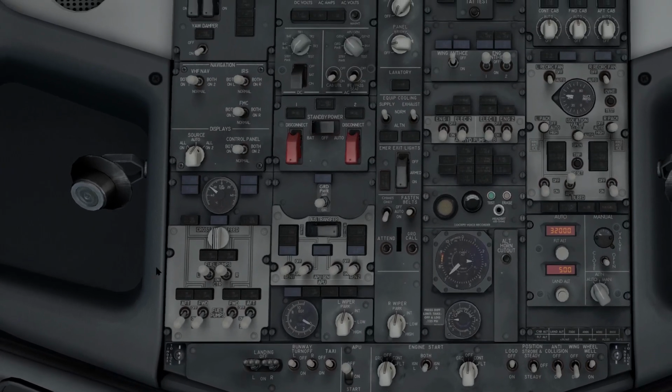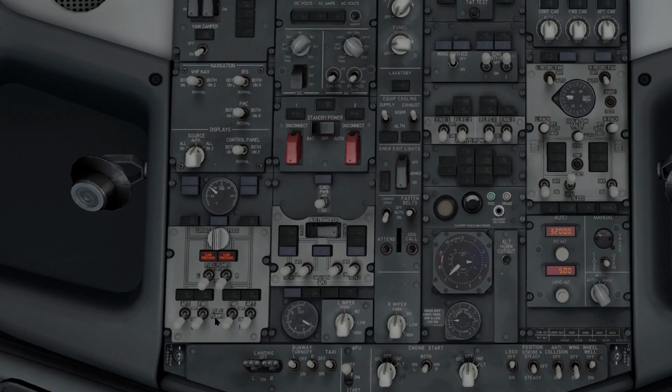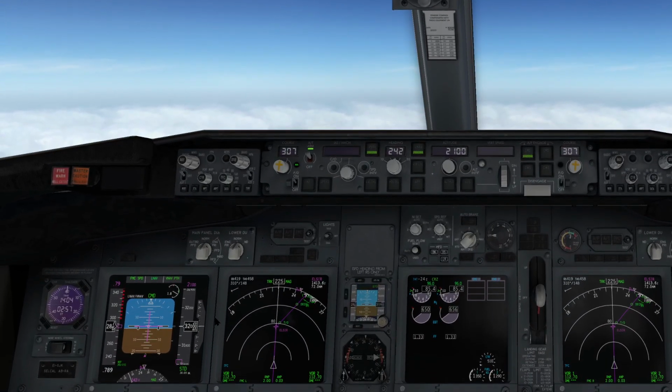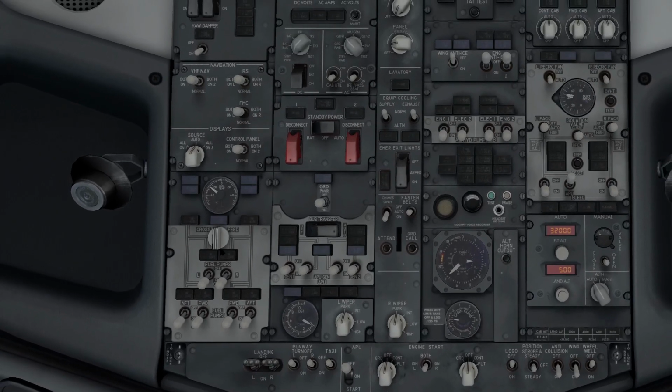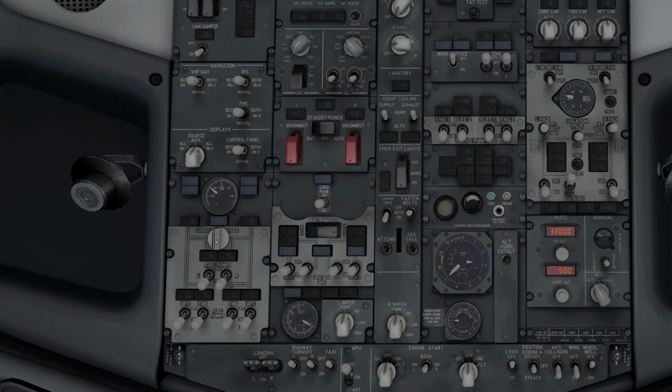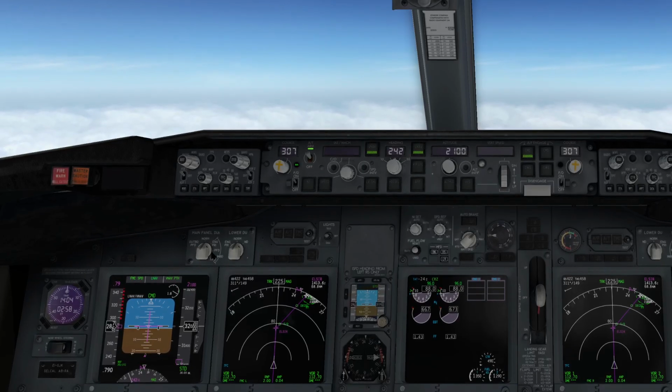Now we still have some fuel in the center tank that we can use. 500 kilos. Now there is also a little fuel imbalance, so that we can eliminate using the cross-feed valve to equilibrate the two tanks.